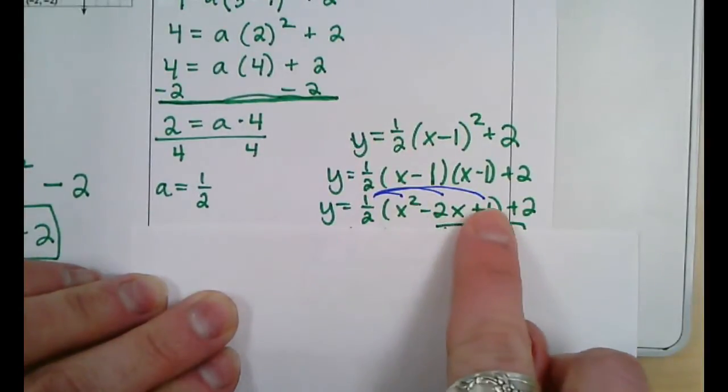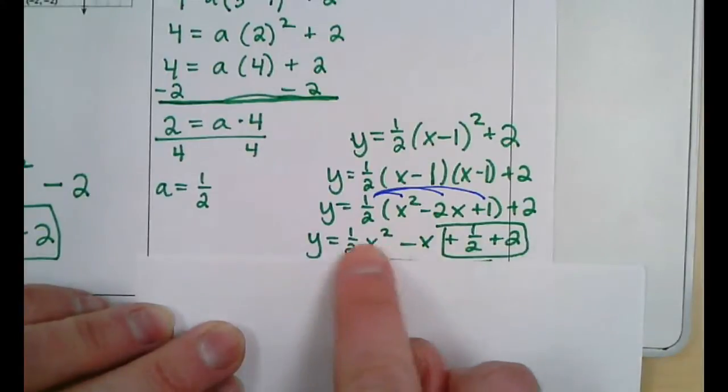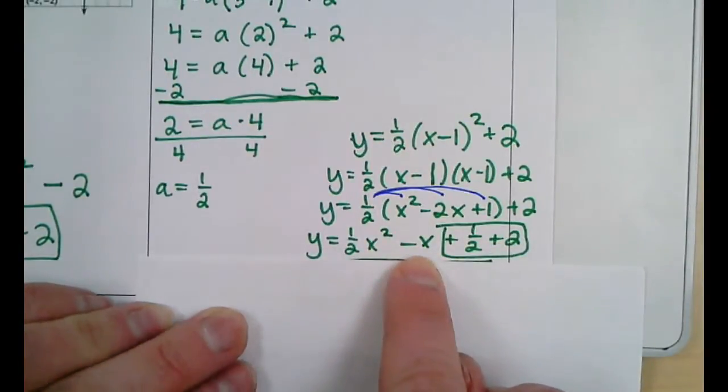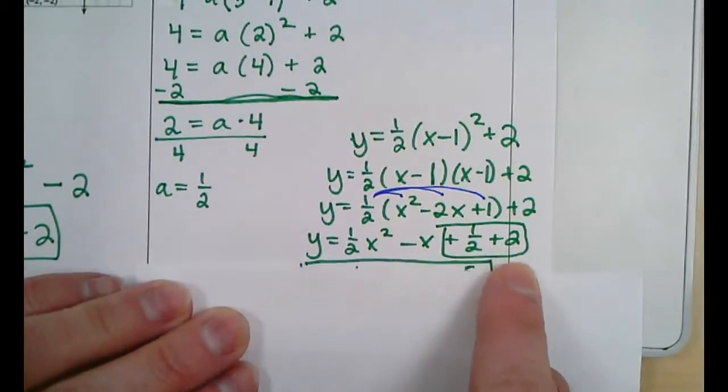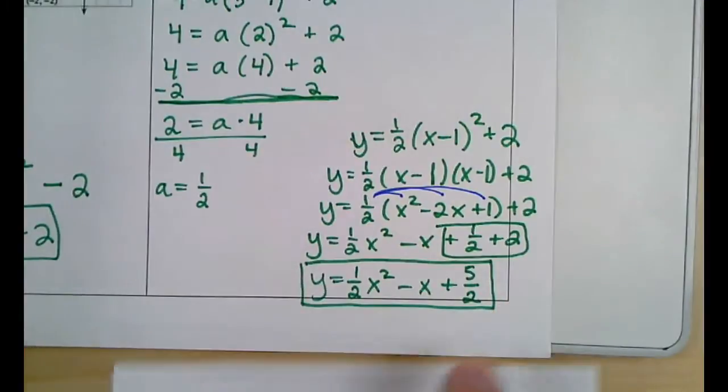Then I distributed my 1/2 to all these pieces, and I had y equals 1/2 x squared minus 1x plus 1/2. And my last step, I combined my like terms. So standard form for this equation is y equals 1/2 x squared minus x plus 5/2.